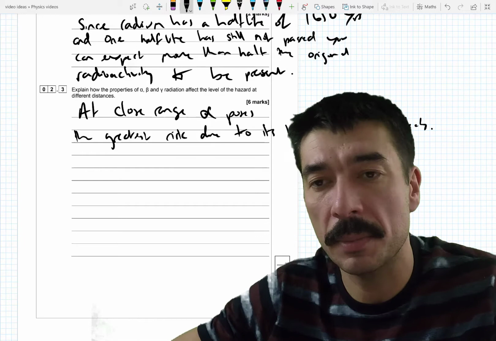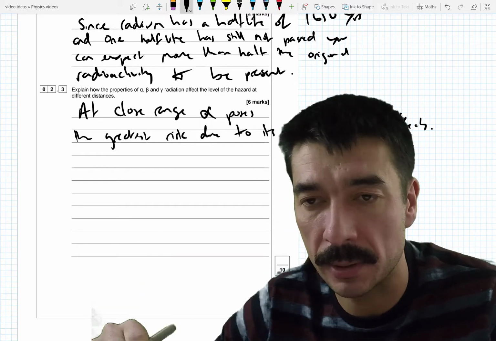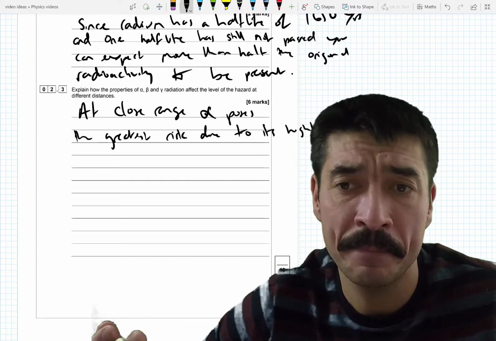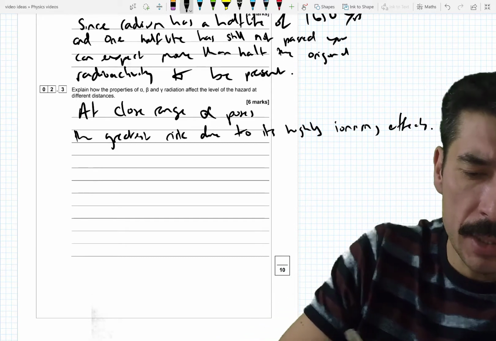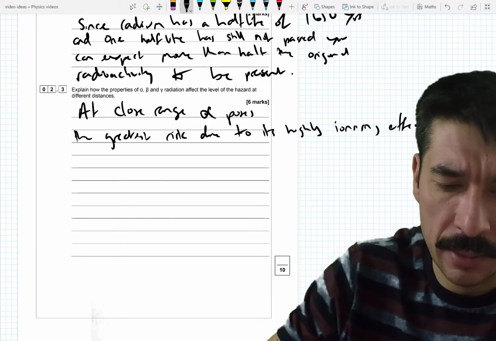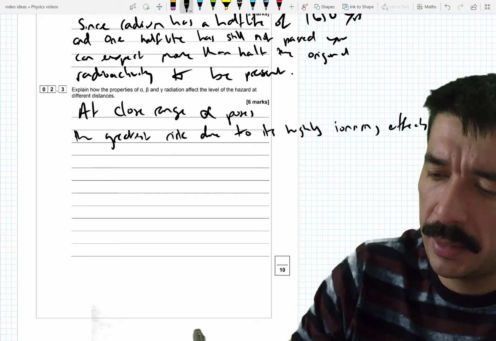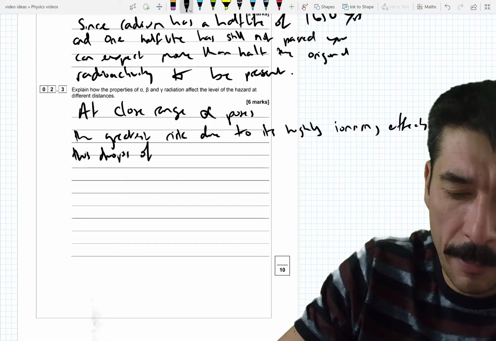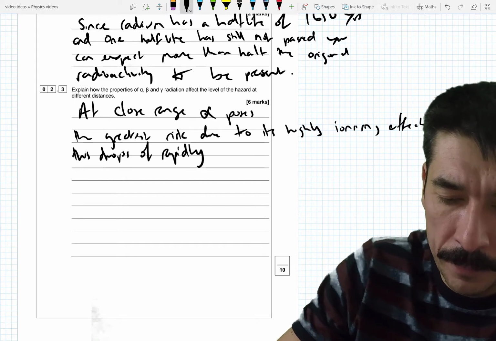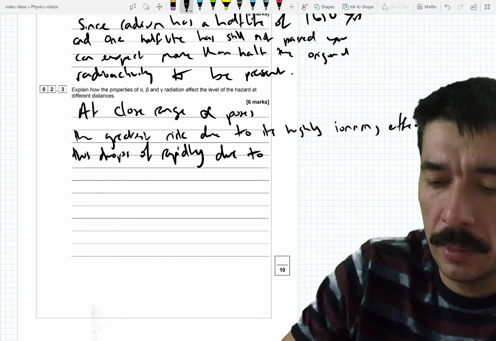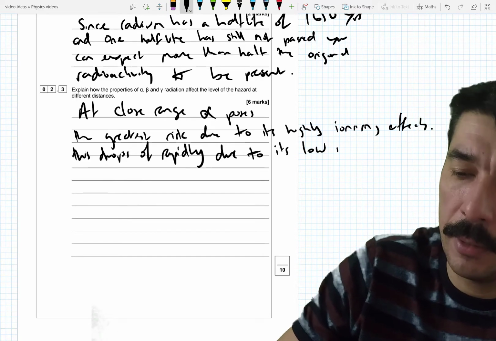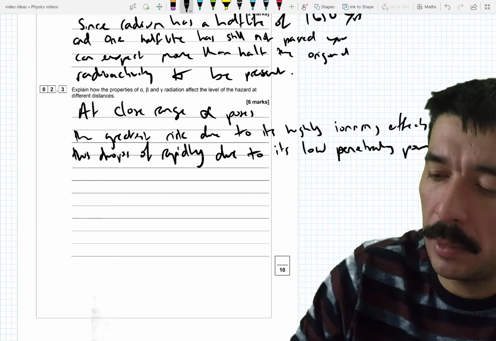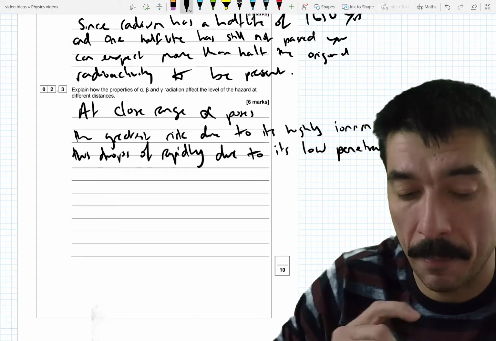Basically, when something gets ionized, you either rip off or add electrons to it, and that change, if it's in a chemical bond, will break that chemical bond, and if that's in DNA, that will damage the DNA. So at close range, alpha poses the greatest risk due to its highly ionizing effects. This drops off rapidly due to its low penetrating power, or low range in air, which is another way of saying that same point.